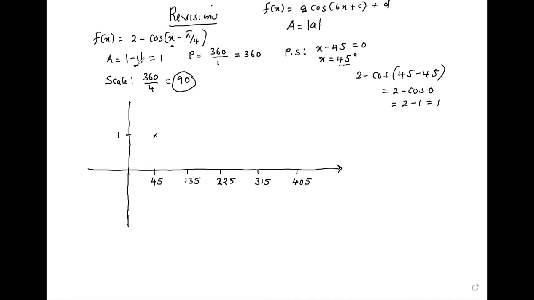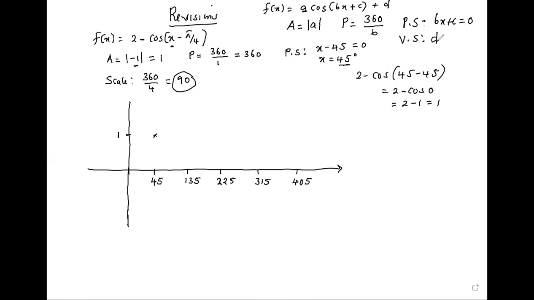The period also has a formula: 360 divided by b, and b is the coefficient of x. Then the phase shift: you solve the equation bx plus c equated to 0. Then the vertical shift, if you want it, you get d.